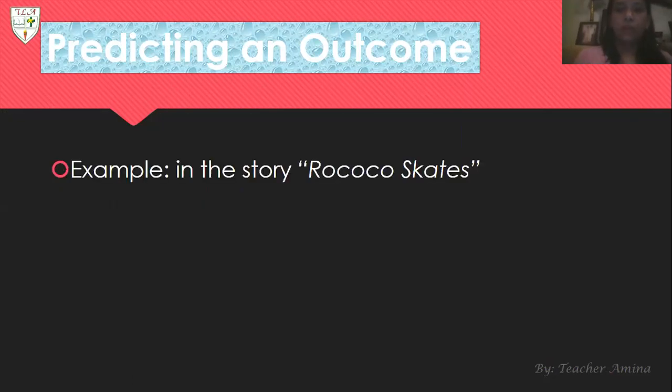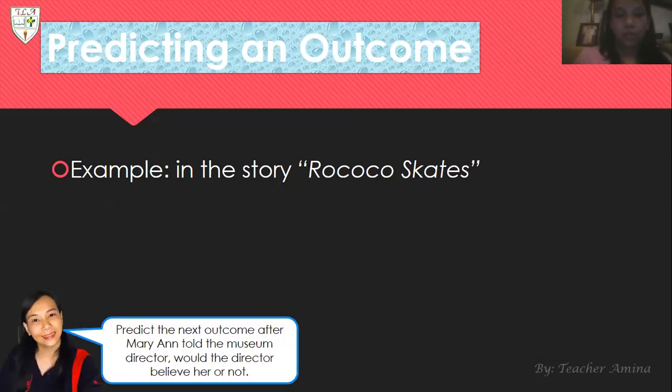For example, in the story that you read yesterday at home, Coco Skates, predict the next outcome after Mary Ann told the museum director about the missing painting. Would the director believe Mary Ann or not?